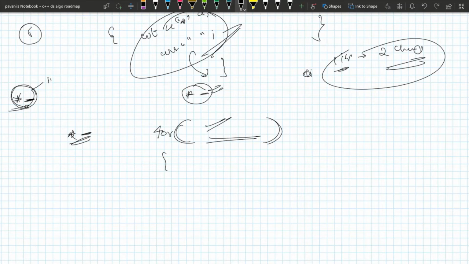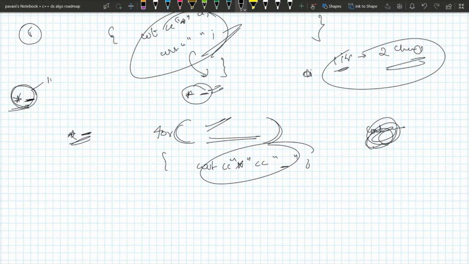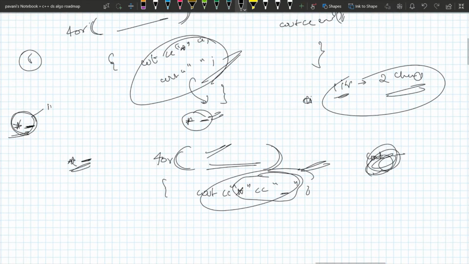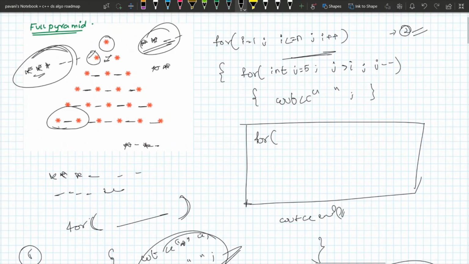Then I print one star and one space. You can do it like this, or you can write cout space, cout stars, cout space. That means in one iteration itself I am involving two characters. Okay, that means how many stars?